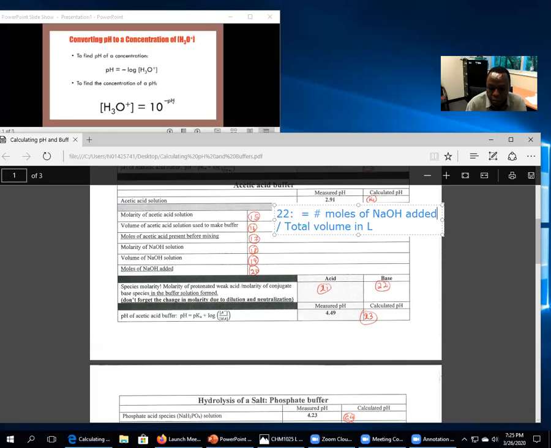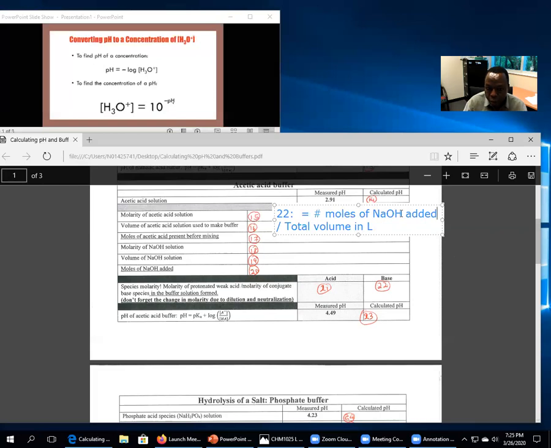Just give you an idea of what the total volume. This will give you the value for item number 22. Don't worry about NaOH, because the NaOH added will no longer be NaOH in the solution. It will be the number of moles of the conjugate base.